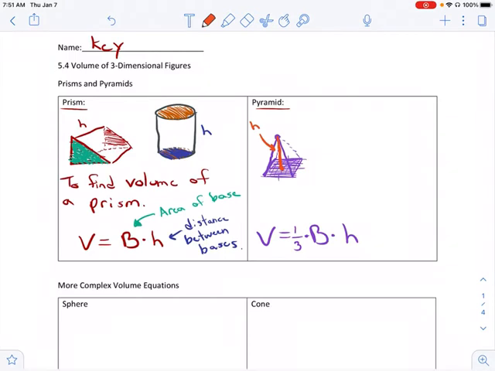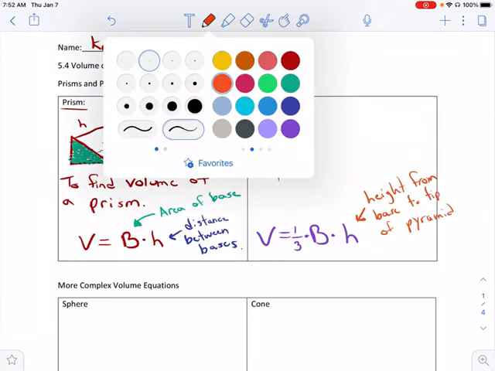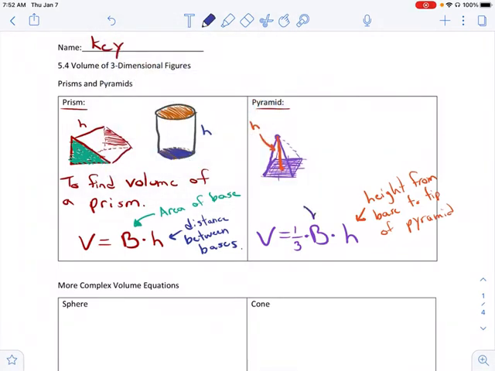So that is an important distinction. These same rules apply. Here we have the height from base to the tip of the pyramid, and this is the area of the base.